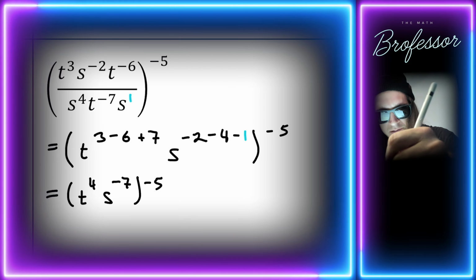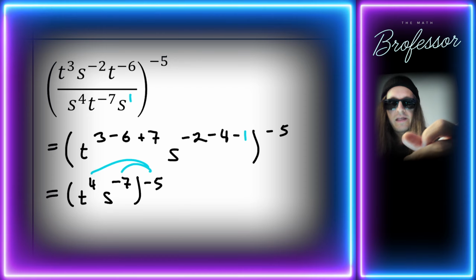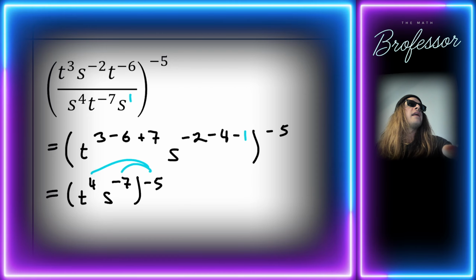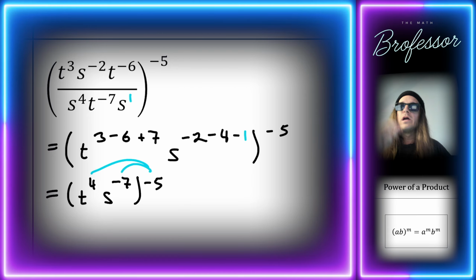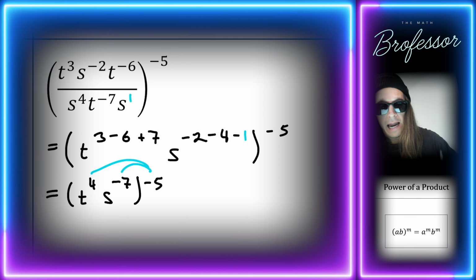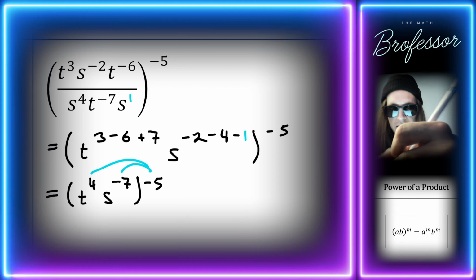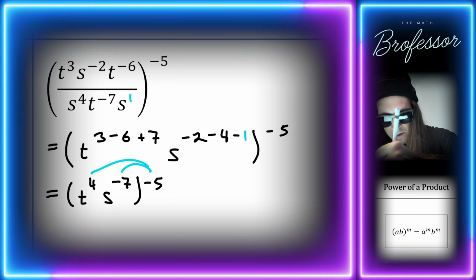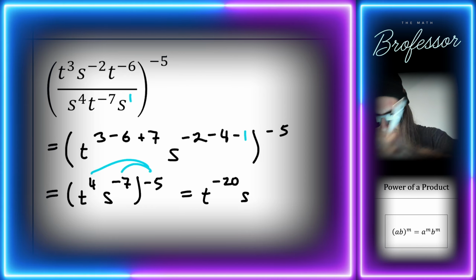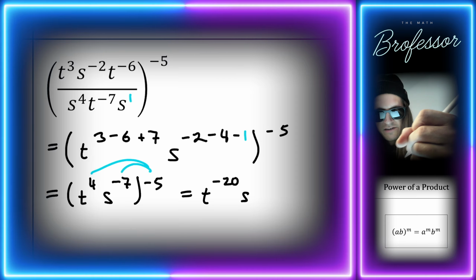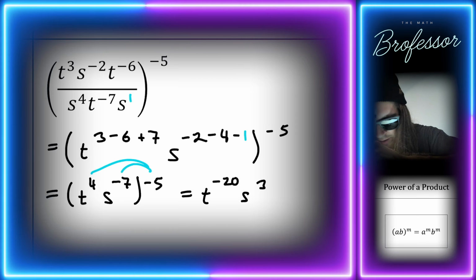I might now distribute this negative 5 exponent. That's going to multiply. So right there, that is a power of a product rule mixed with the power of a power, but multiply the exponents here. 4 times negative 5 is negative 20. Negative 7 times negative 5 is 35, positive 35.